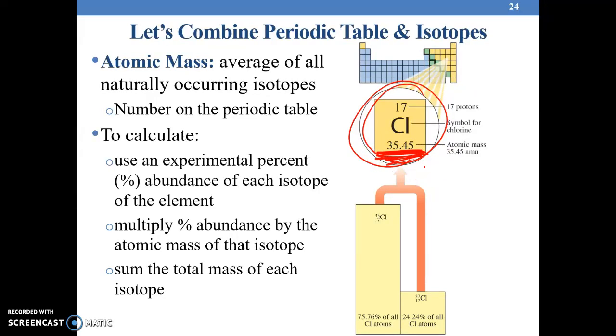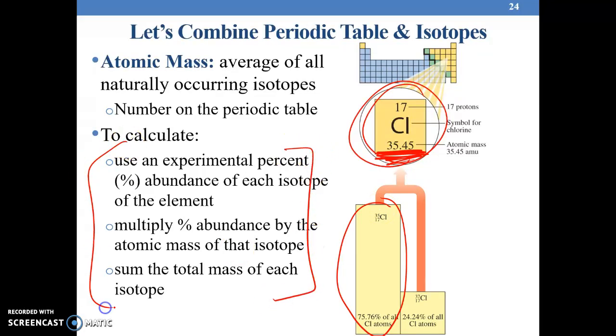It's a funky decimal because approximately 76% of the chlorine on planet Earth is the lighter one, the one with 35 as the mass number, okay? So you won't have to do this math, okay? This here tells you how to do it. You will not have to ever do that for me. I just want you to know why you have these ugly decimals on the periodic table and not just a nice simple number like the notation we use when learning about isotopes, okay?